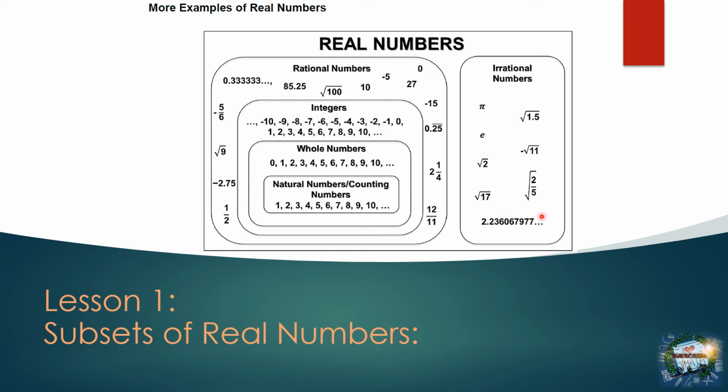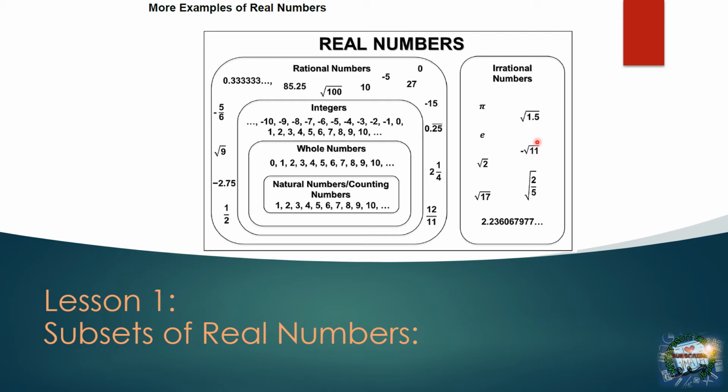How about irrational numbers? Pi, e, this is Euler's number that we mentioned earlier. Square root of 1.5, that's approximately 1.224744. But again, that's an irrational number because 1.5 is not a perfect square.